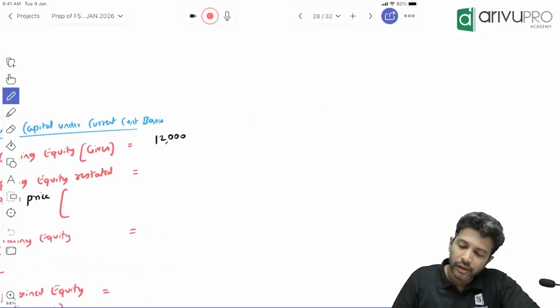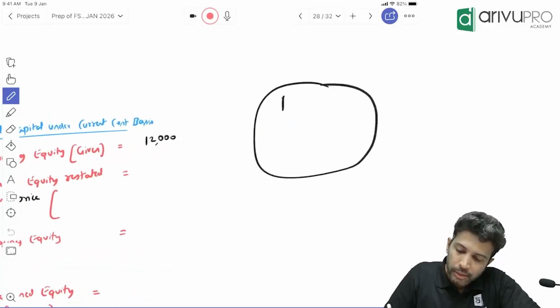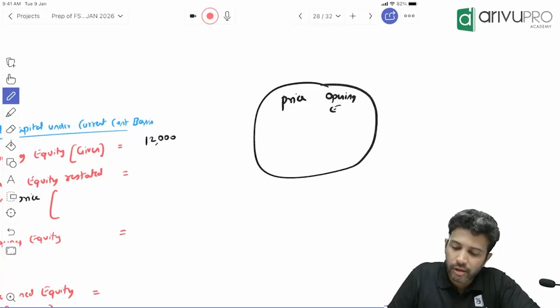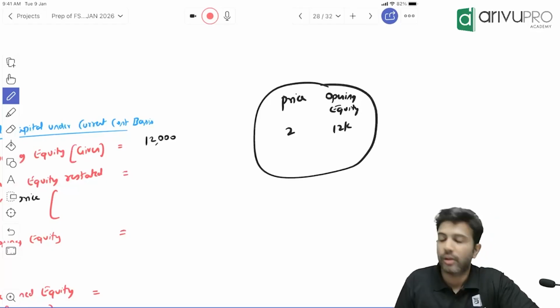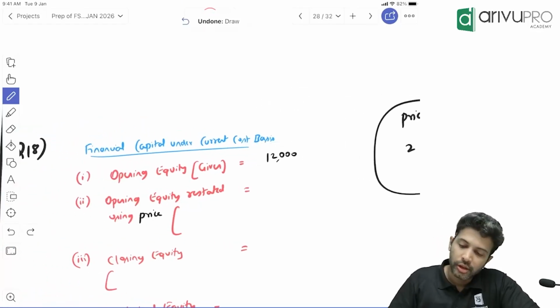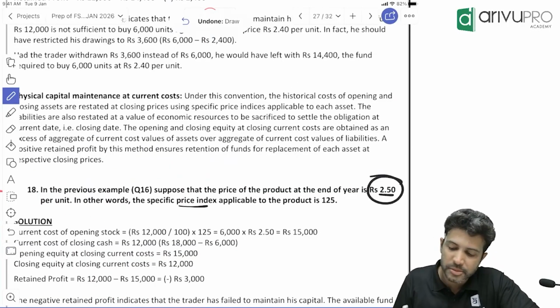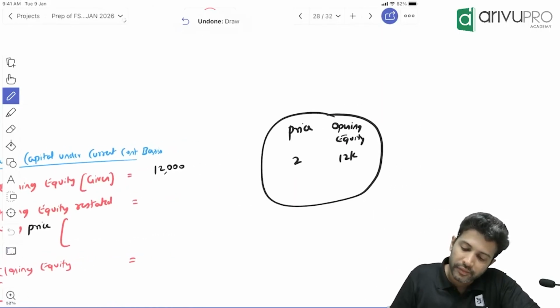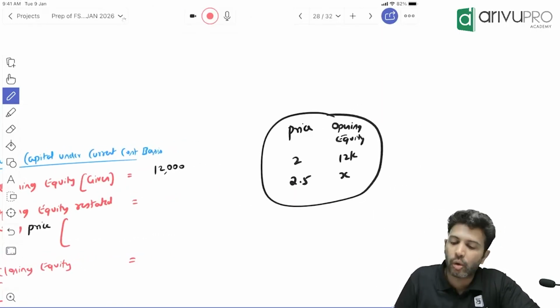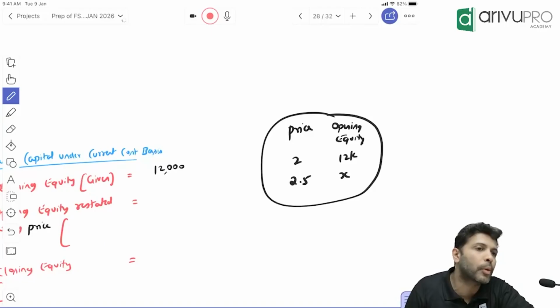Very simple. When the price of the product was 2 rupees, how much was opening equity? Opening equity was 12,000. Now has the price of the goods become 2 or 2.5? If the price has become 2.5, what is your restated opening equity? Proportionate? Yes, sir. So how do you do that?